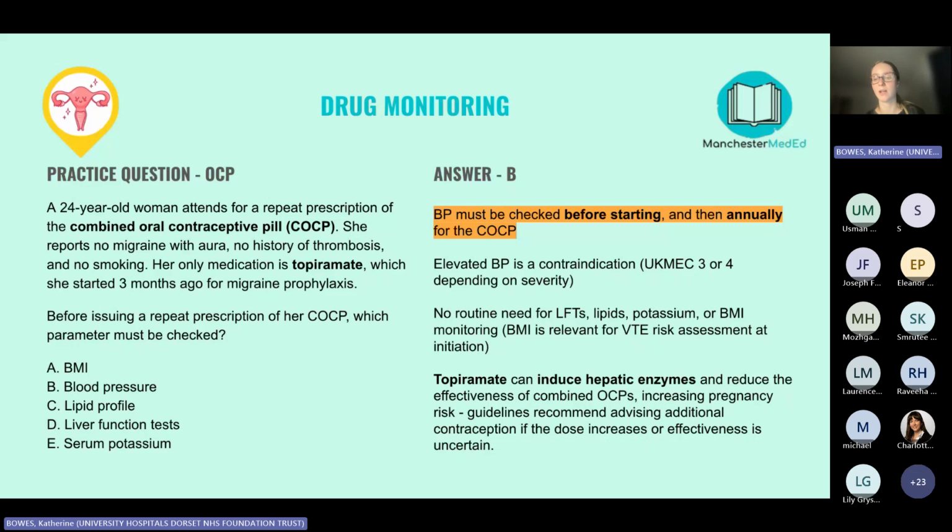It wasn't part of the question, but I advise you to keep questioning what medications the patients are prescribed in these questions, because these question stems are written to test you. Here this patient might need additional contraception because it might reduce the effectiveness of the combined pill. So just to put that on your radar.